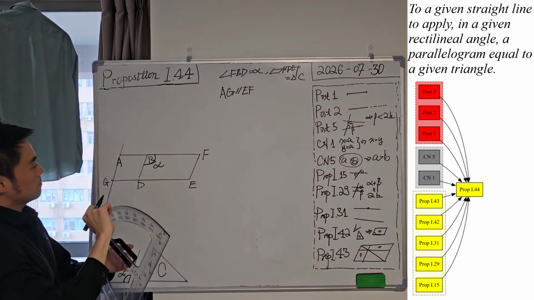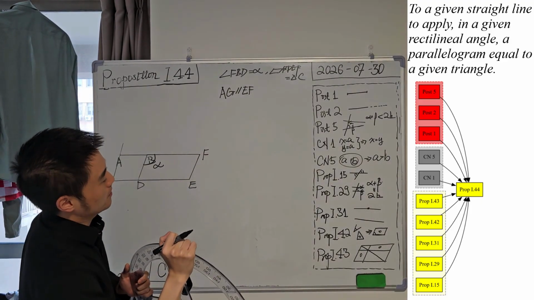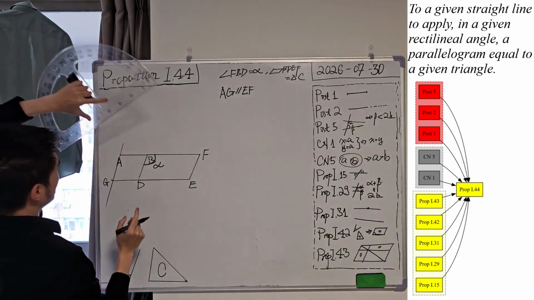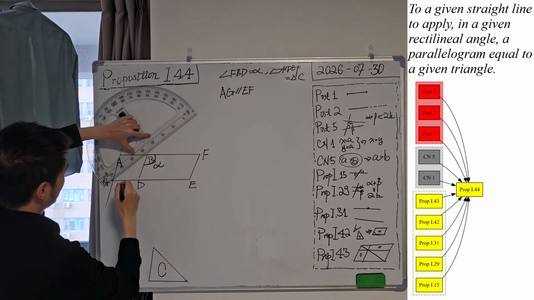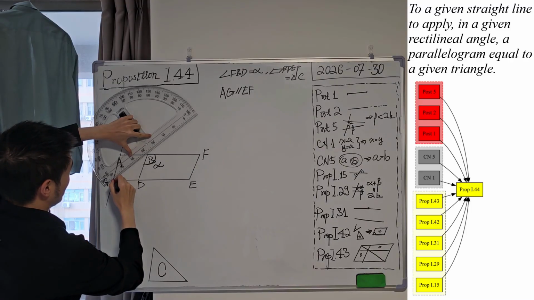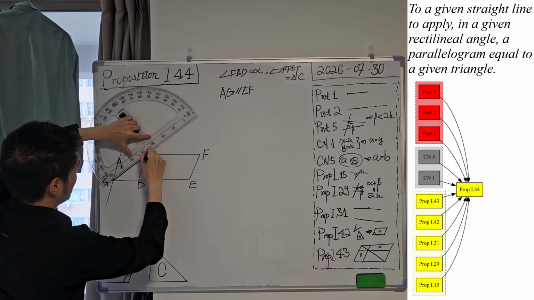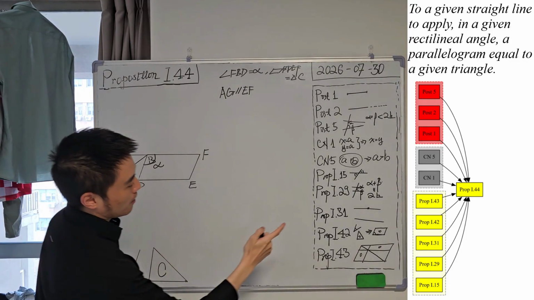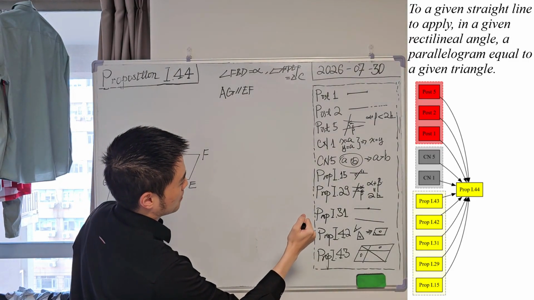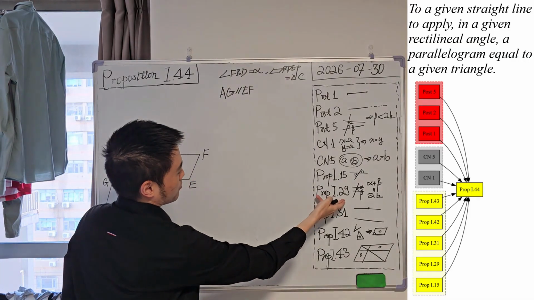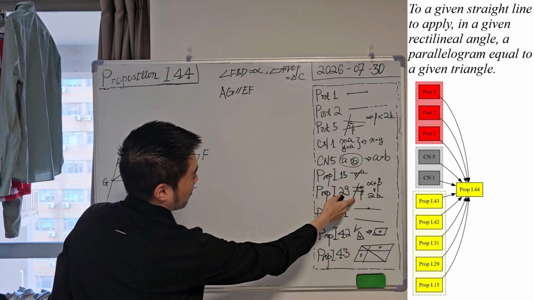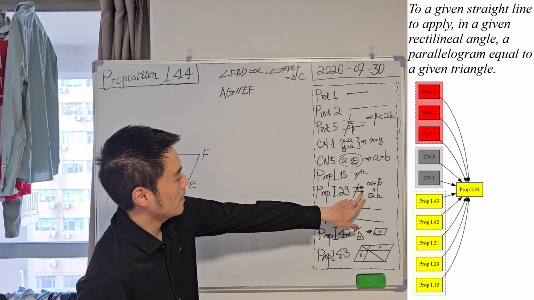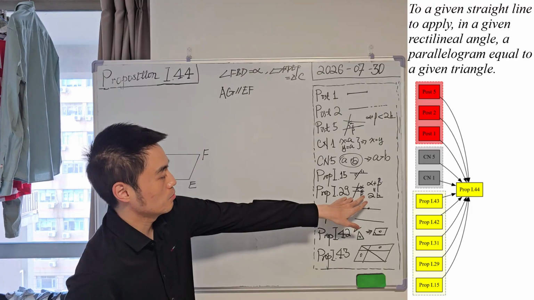And let us use postulate 1. We are able to join two different points to construct a straight line. So let's construct GB, this straight line, okay? And please recall proposition 29. If two lines are parallel, then the sum of the interior angles will be equal to two right angles.